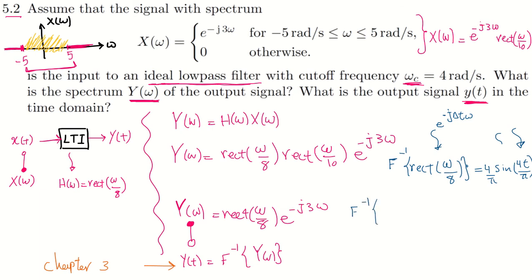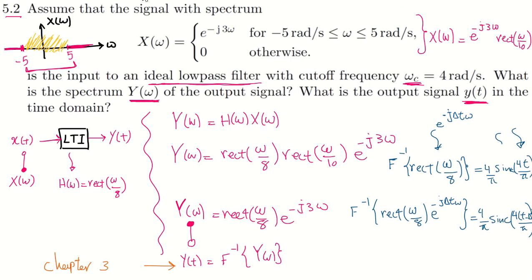The inverse Fourier transform of a rectangular function omega over 8 times e to the power of minus j delta t omega equals 4 over pi times sinc, not sine, of 4 times t minus delta t over pi. And here the delta t for this case is 3.